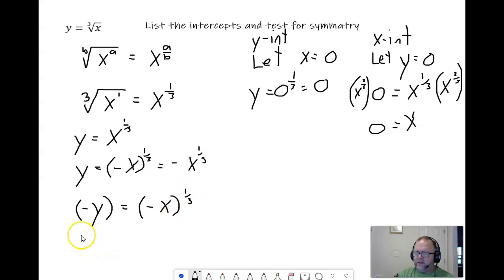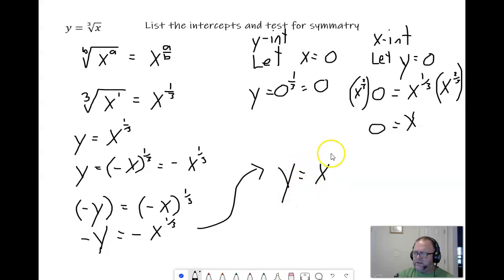This is just negative y is equal to, and we solve from up here, when we have an odd root like this, the 3, that's going to give us a negative x to the 1/3. And then if I just multiply both sides by negative 1, I'm going to get the original function back. Y is equal to x to the 1/3.